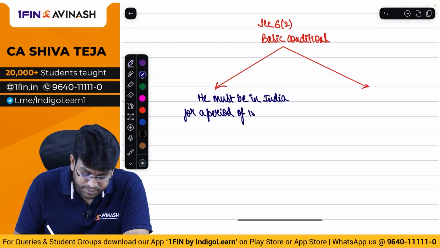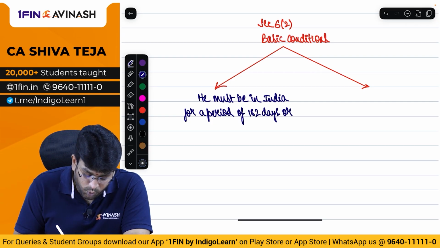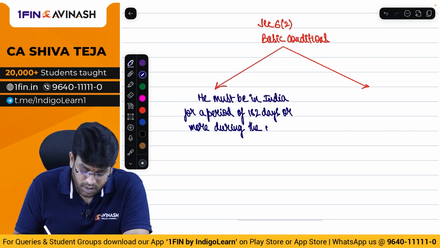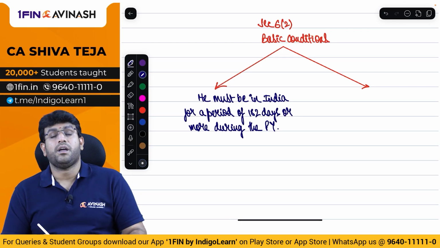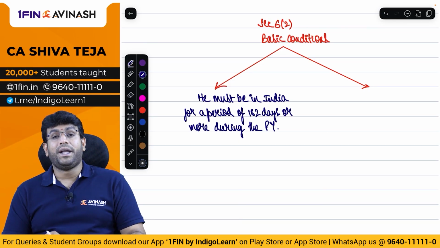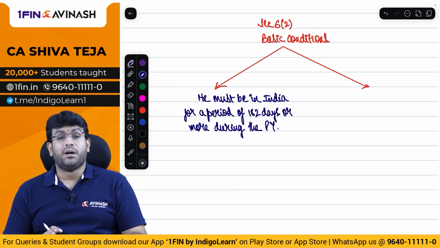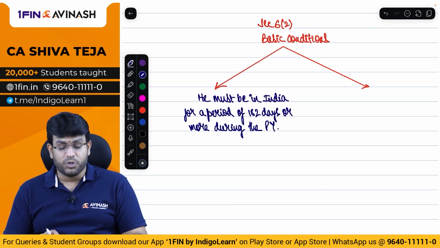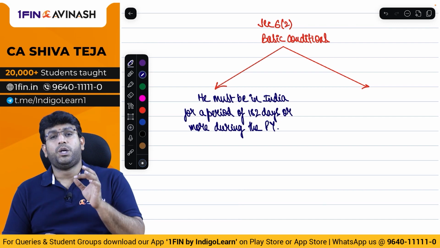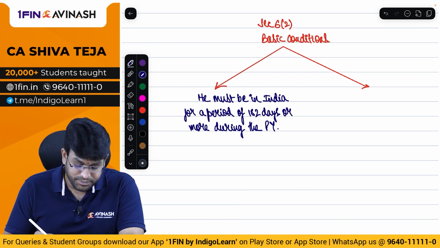He must be in India for a period of 182 days or more during the previous year. Let me repeat one more time: he must be in India for a period of 182 days or more during the previous year.